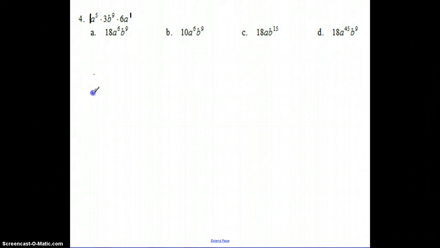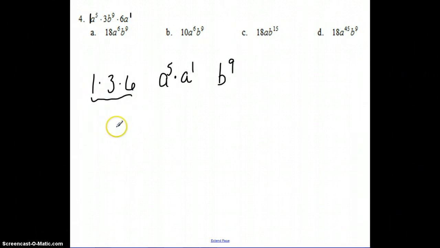So my numbers in front are 1, 3, and 6. And then my letters, I start alphabetically, so I'm going to start with A first. So A to the 5th, and A to the 1st, and then B to the 9th. So if I multiplied this part together, that would give me 18.